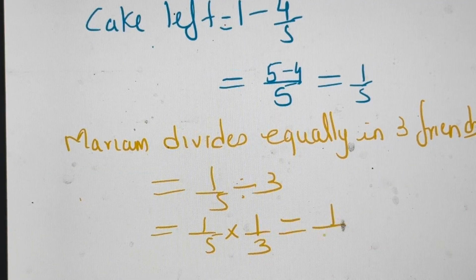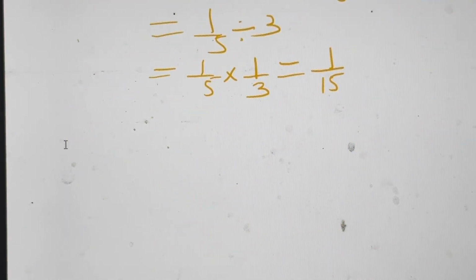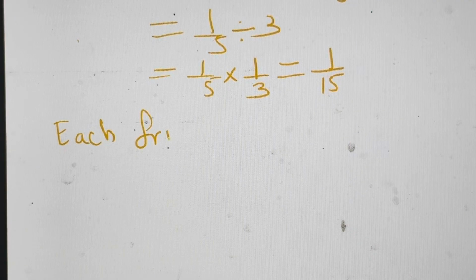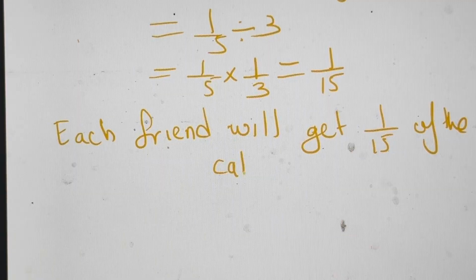So the answer is 1 upon 15. Each friend will get 1/15 of the cake. Okay, this is answer number 8.